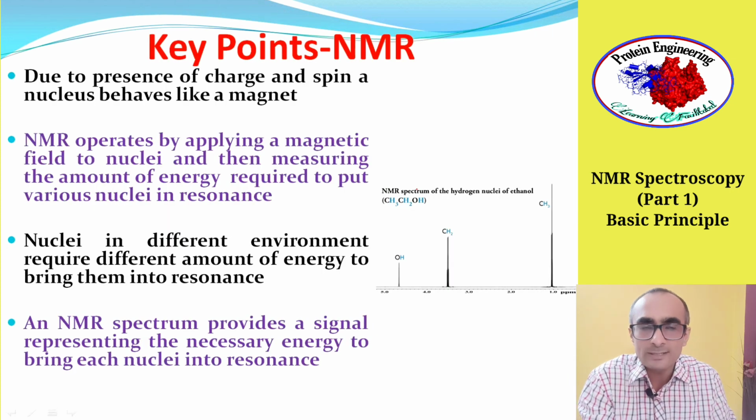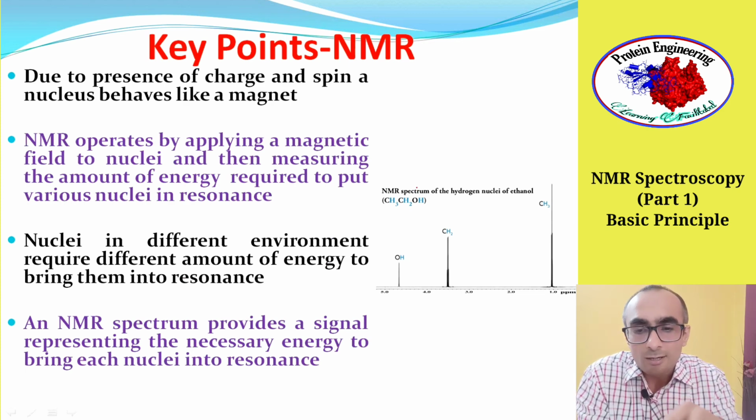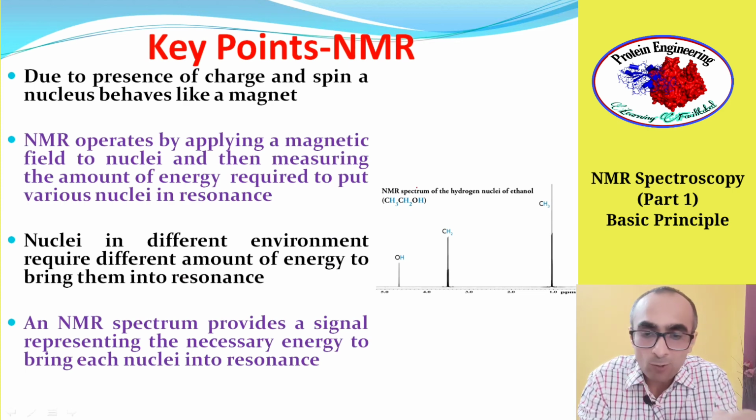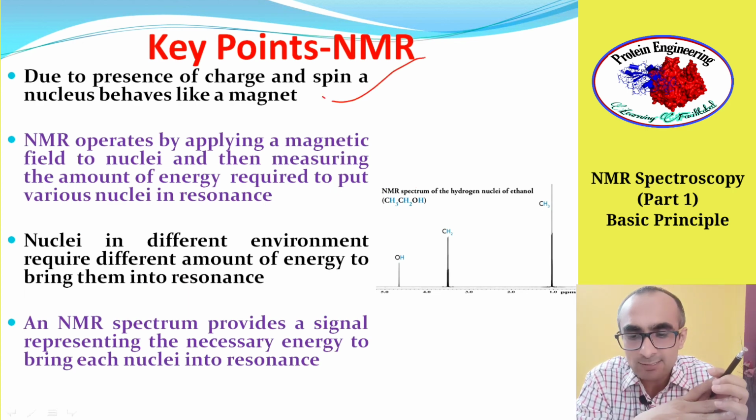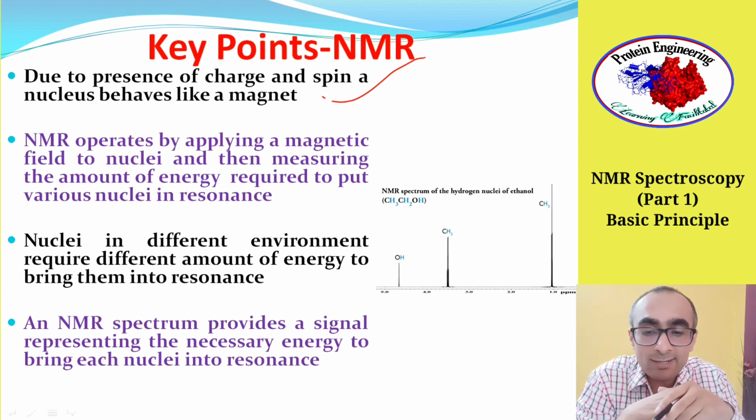So, key points from this lecture. We have understood that due to the presence of charge and spin, a nucleus behaves like a magnet. NMR operates by applying a magnetic field to the nuclei.